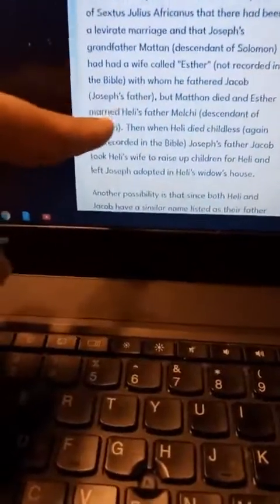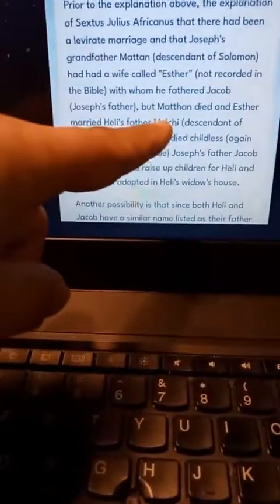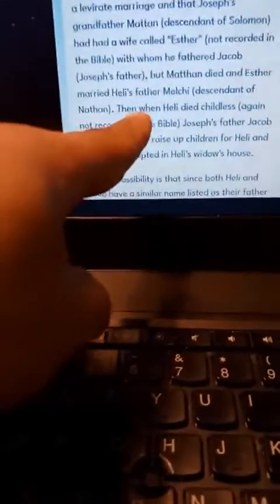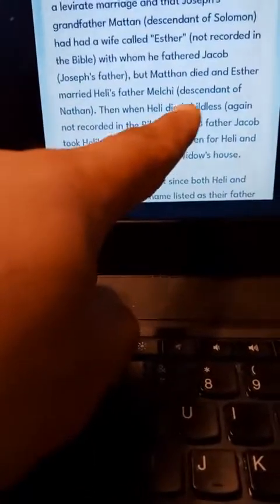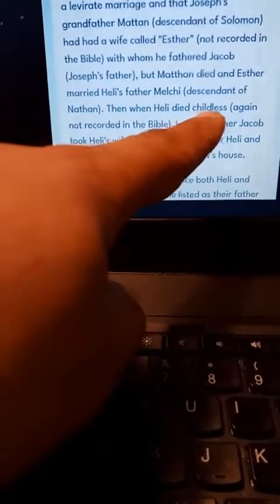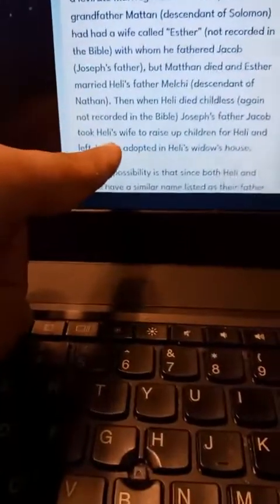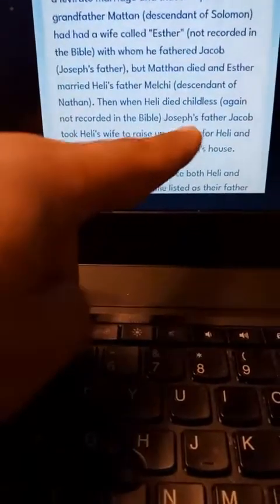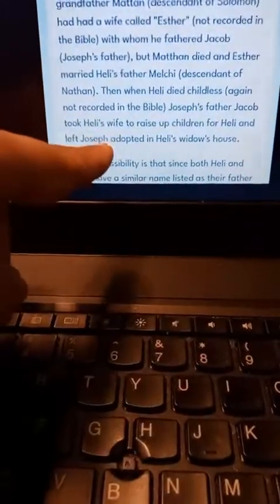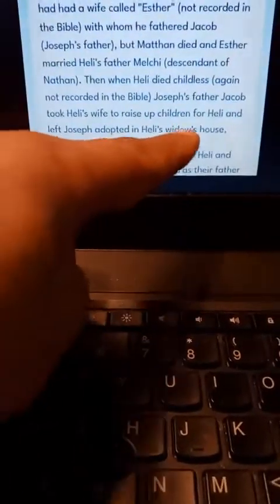And Esther married Heli's father, Melchi, or Nathan, or, like we just said, Matthat, right? Then when Heli died childless, like I was saying, again, but it wasn't recorded in the Bible, Joseph's father, Jacob, took Heli's wife to raise up children for Heli and left Joseph adopted in Heli's widow's house.